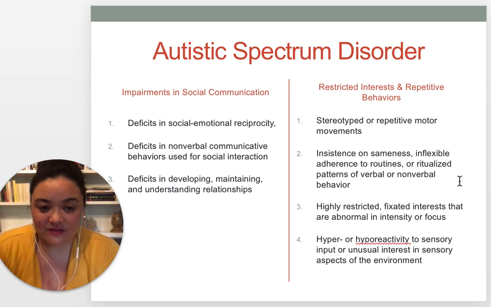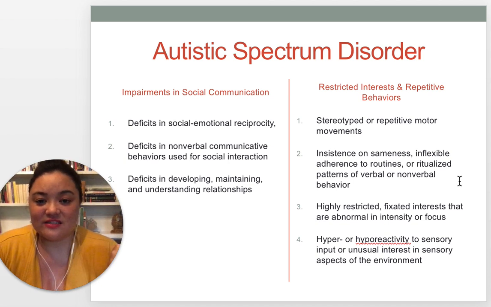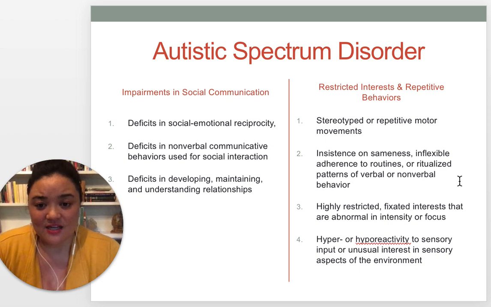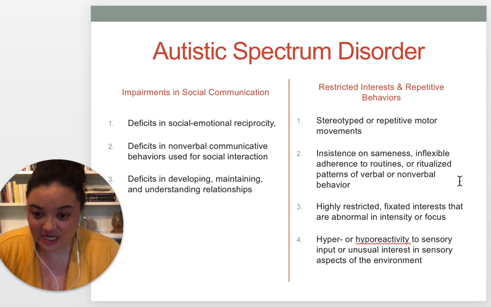So, for a lot of individuals with autism, they become extremely distressed at small changes. So it could look like insisting that a parent drive the same way to school using the same route every day. If there is traffic or a detour, it can oftentimes cause children a lot of distress because there is a break in that routine, right, or a change to their routine.